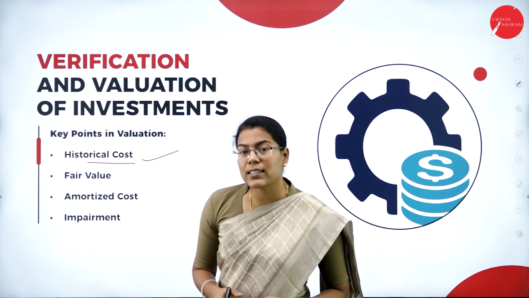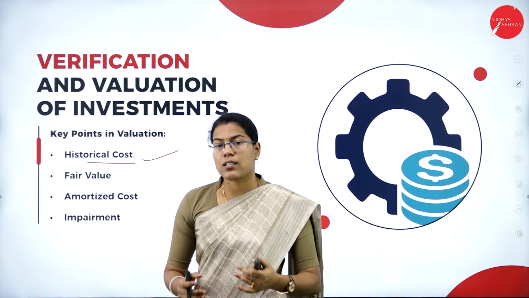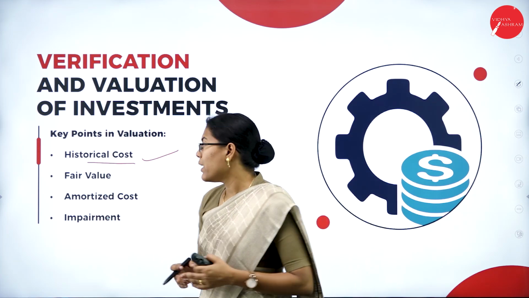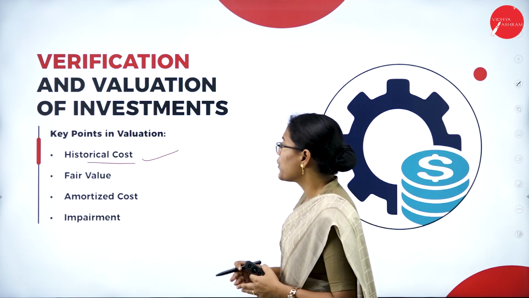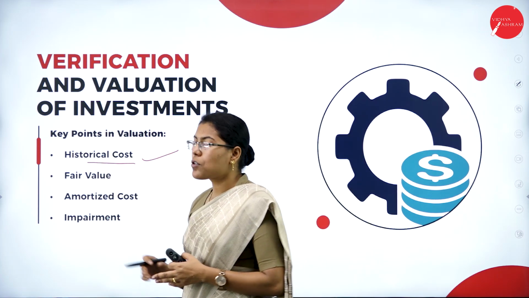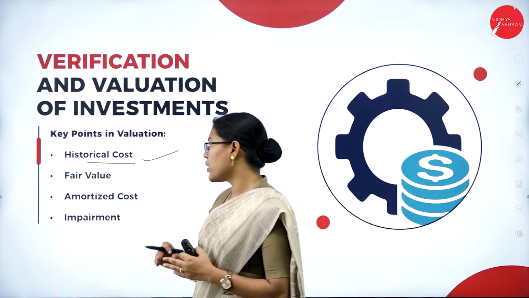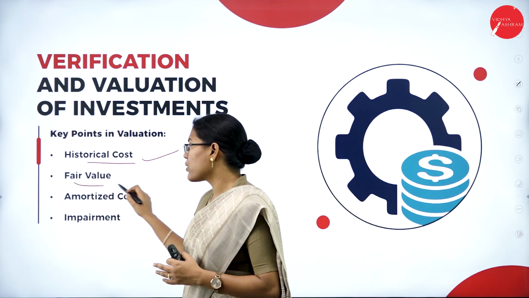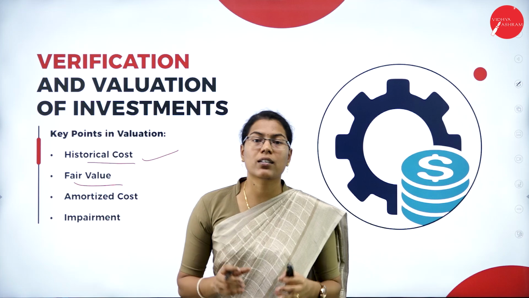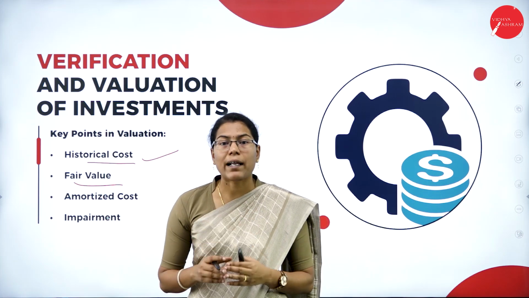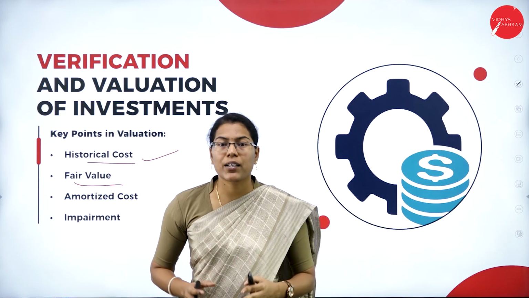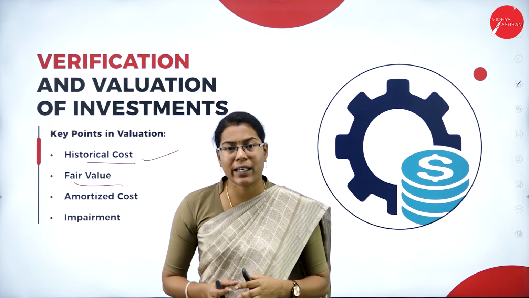Just like any assets that are recorded at their historical price, even investments are to be recorded first at historical cost. So here the auditor checks what was the historical cost of the investments, then he checks for the fair value. Here the fair value is the current market price for that particular investment.